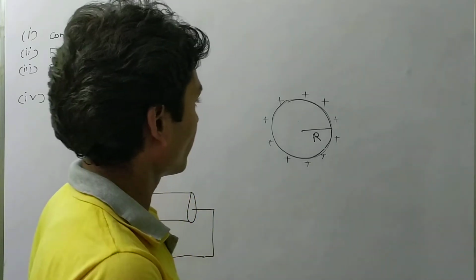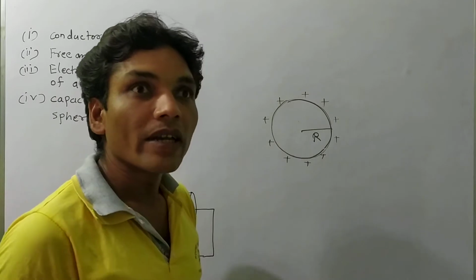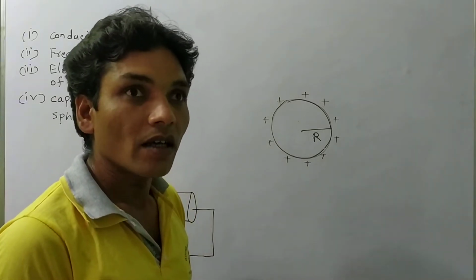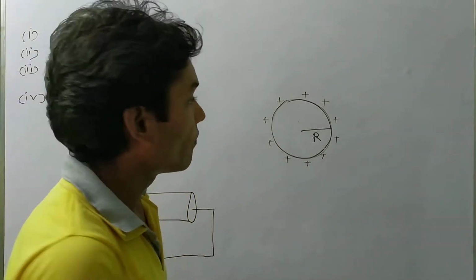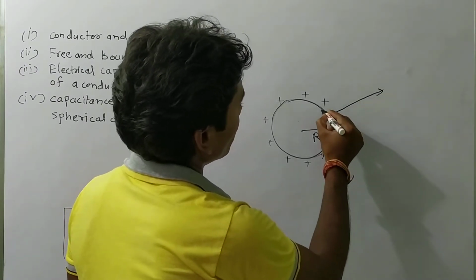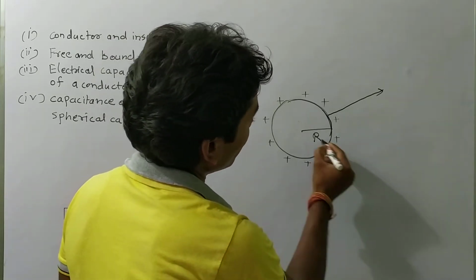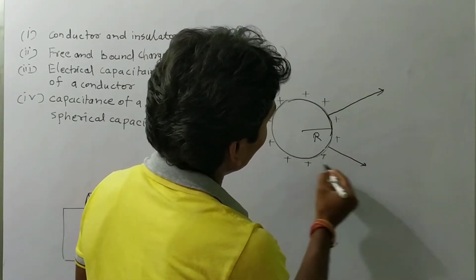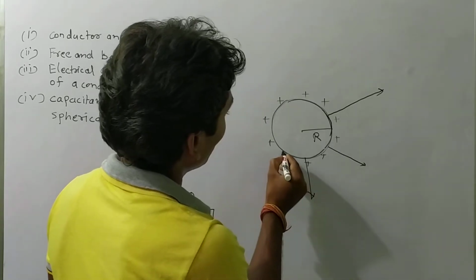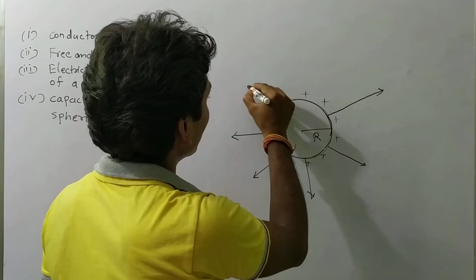Now, the electric field lines, or lines of force, will be perpendicular to the surface, along this direction, and like that.